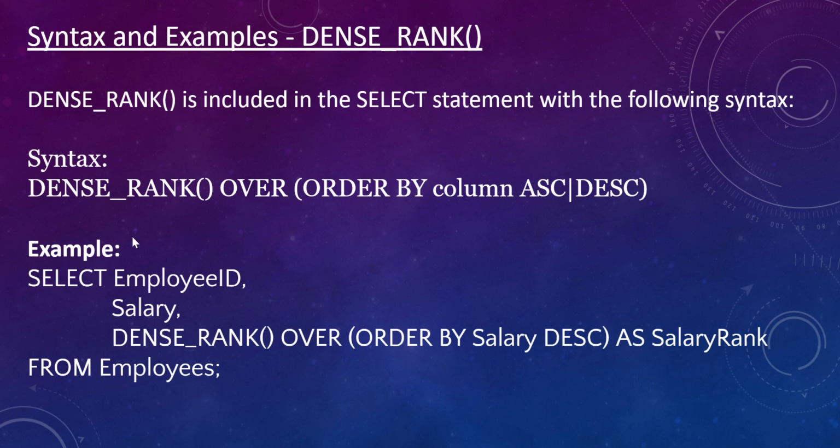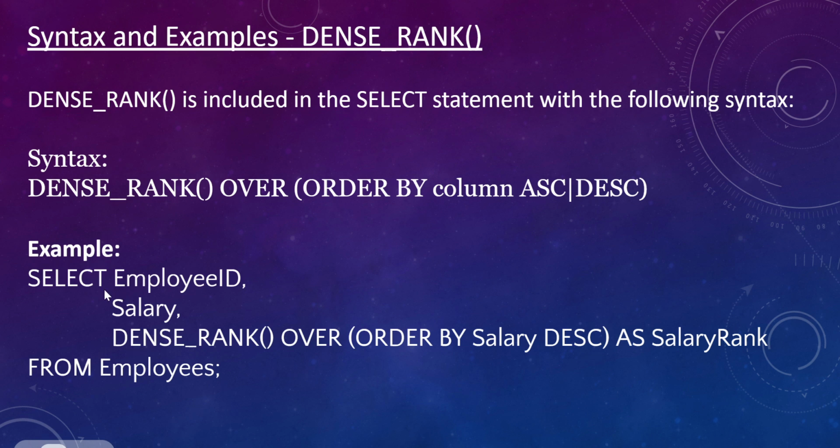For example, if I have to write a query to select the employee ID and salary, and also add a new column for ranks, this is how we can write it: select employee ID, salary, and dense rank over order by salary descending. And this is the name of the additional column we are generating; we have given it the name salary rank, from employees.